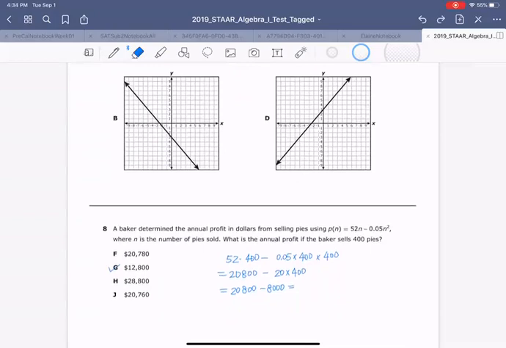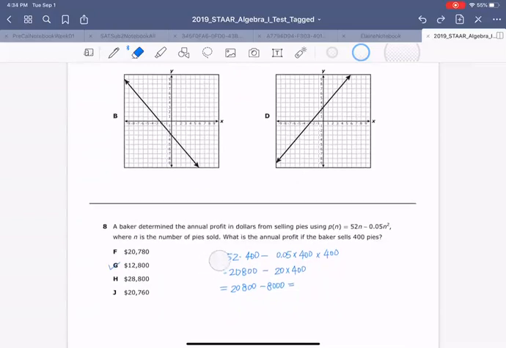After redoing this question, do you feel better? Let's redo number 8.